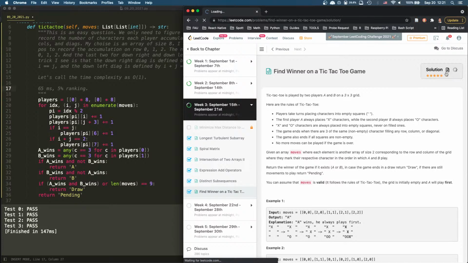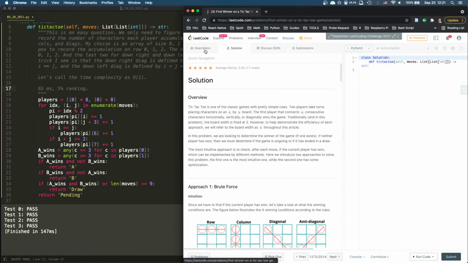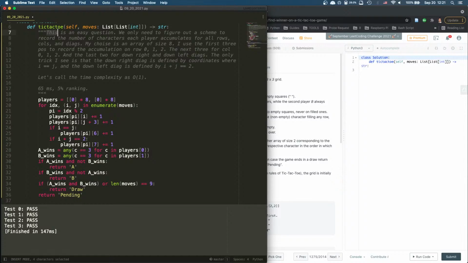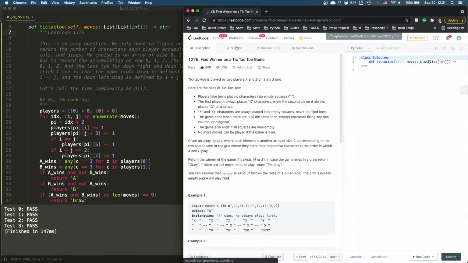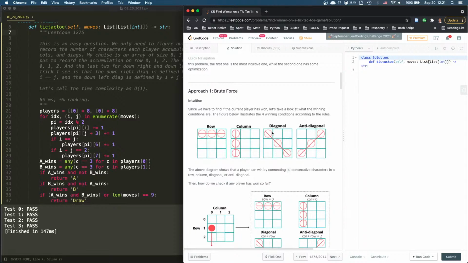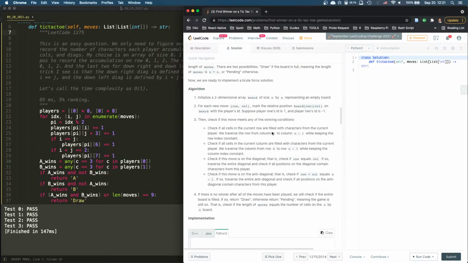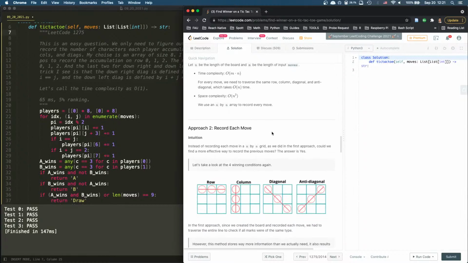All right. This one, let's see. 1,275. Could be one of the contests, right? Brute force. Record each move.